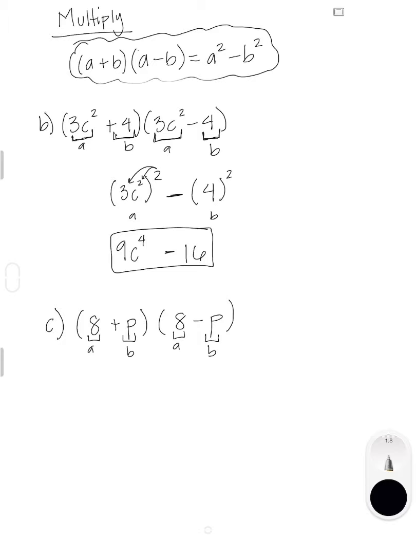Again, both binomials need to have the same a and same b, right? So same value. So we will have 8 squared minus p squared, which is 64 minus p squared. And that's the end of the multiplication between these two binomials.